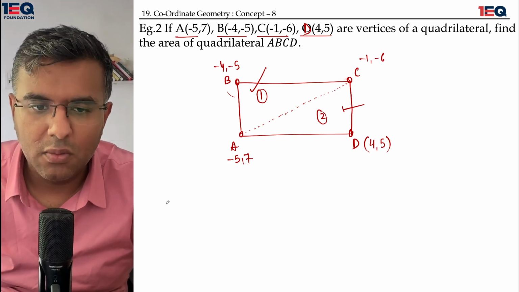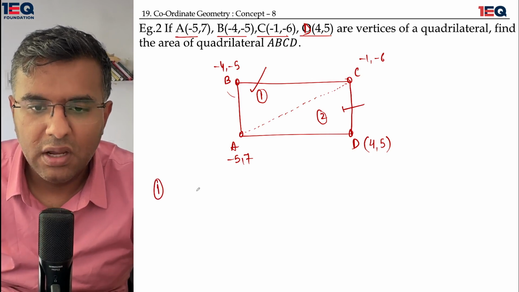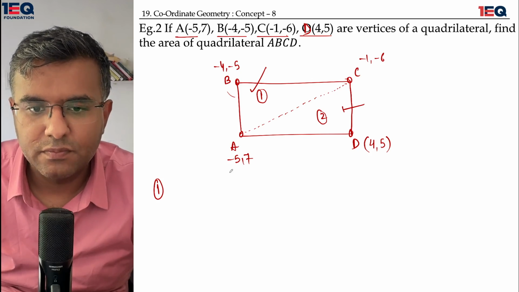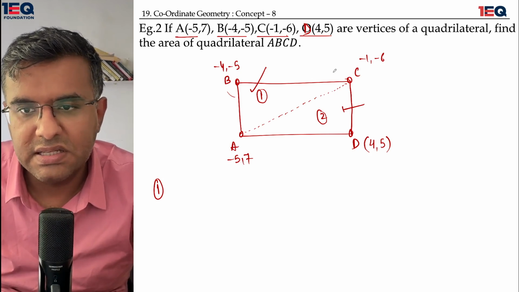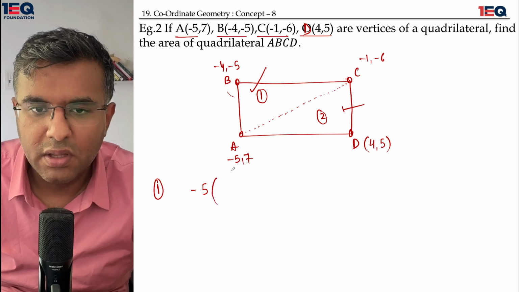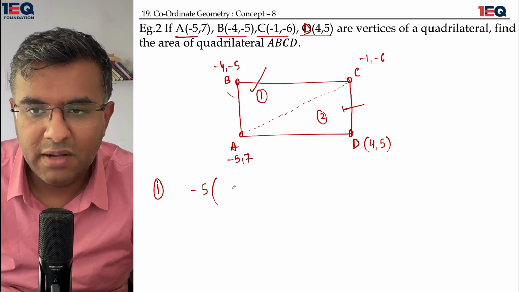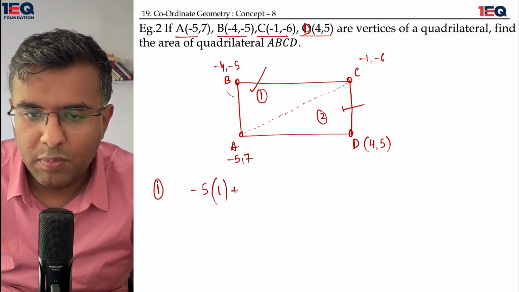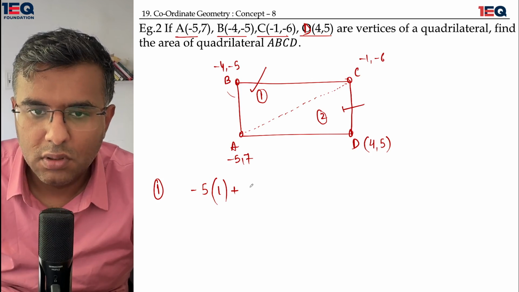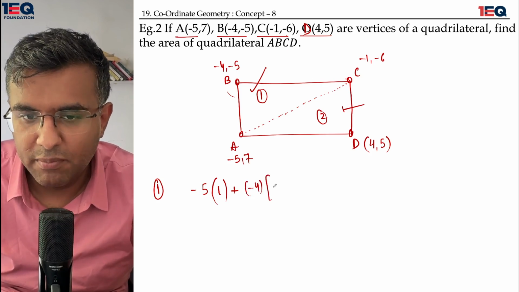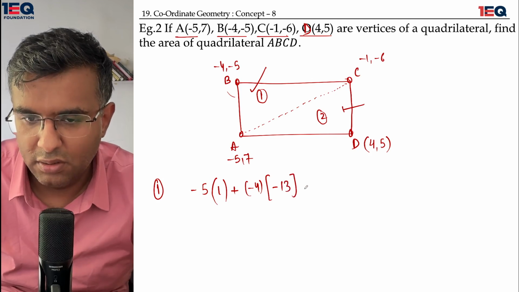So to do that, I'll write 1 over here and find the area of the triangle. I have minus 5, 7. So minus 5 would remain outside, and for the other two, minus 5 and minus 6 means plus 6. That makes it 1. Plus, I would have a minus 4 here being multiplied by minus 6 and minus 7. That would make minus 13.